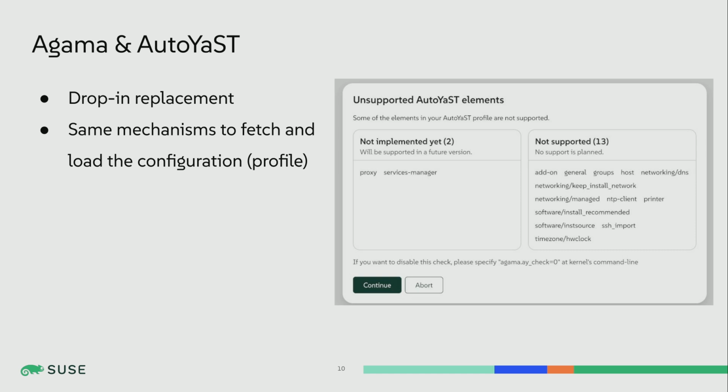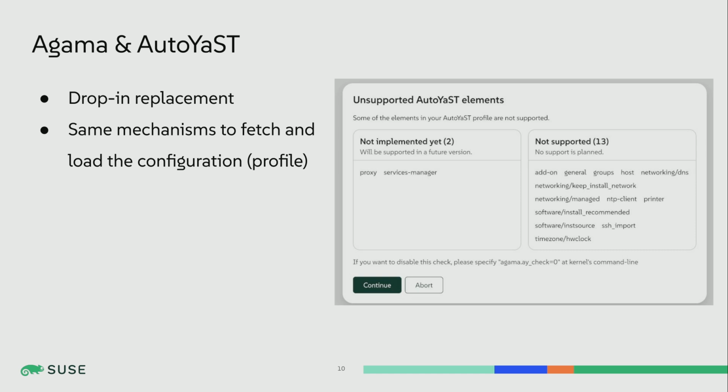The cool thing is that if Agama detects that you are using an AutoYaST profile, it's going to automatically convert that profile to something it understands. Okay? So you can give Agama a JSON file, you can give Agama a Jsonnet file, but if you give your AutoYaST profile, it's going to try to convert that profile to something that it can handle.